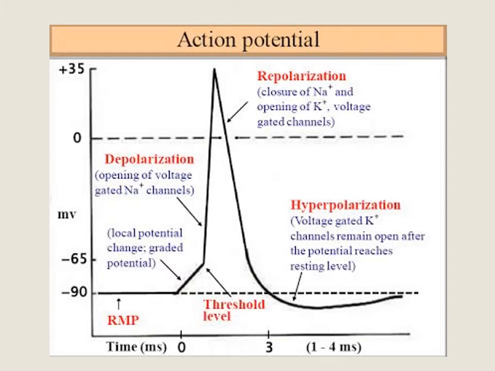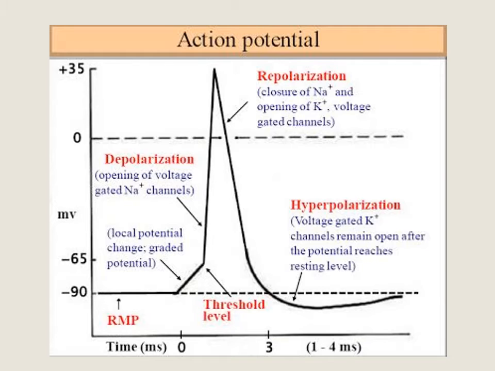The potential rapidly rises to the peak potential, plus 35 millivolt, at the time of 2 milliseconds. Then the potential drops and overshoots to minus 90 at 3 milliseconds. Finally, the resting potential of minus 70 millivolt is re-established at 5 milliseconds.